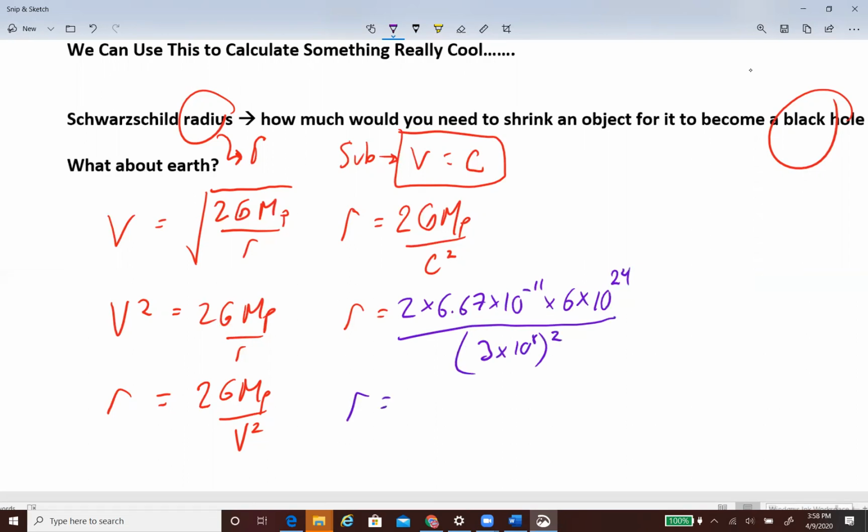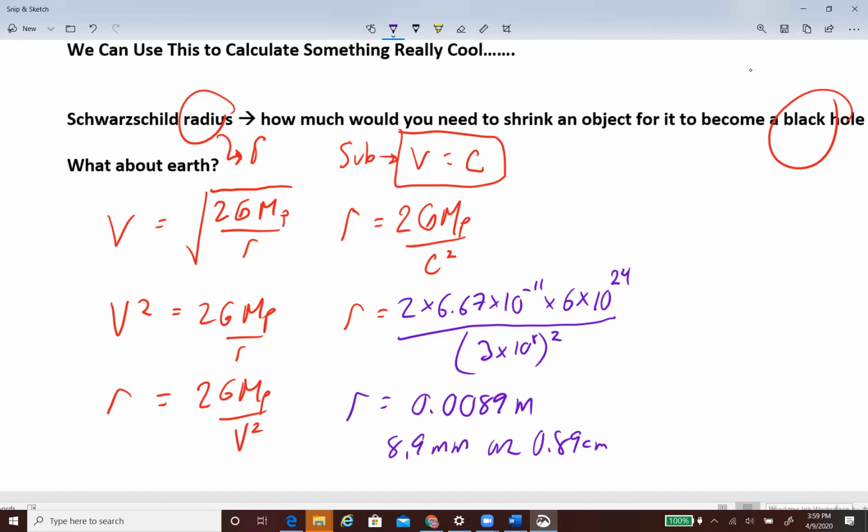We get an answer of about 0.0089 meters, which is 8.9 millimeters or 0.89 centimeters. Basically, it's like the size of a blueberry.